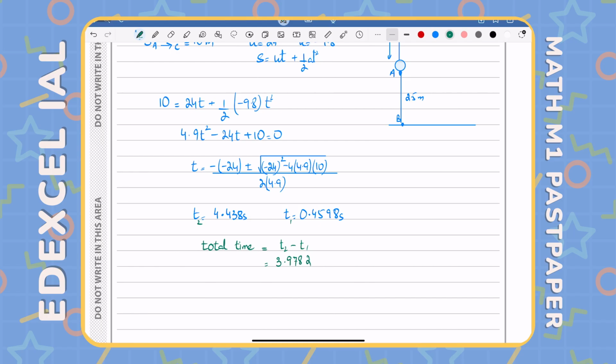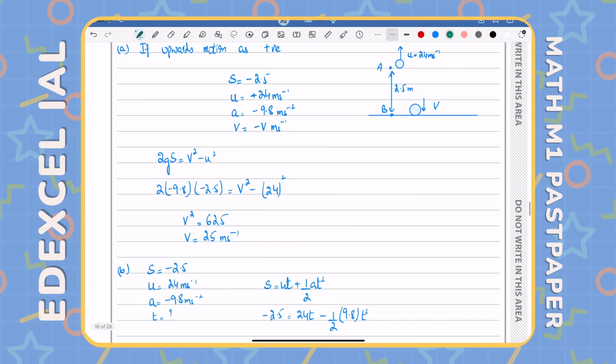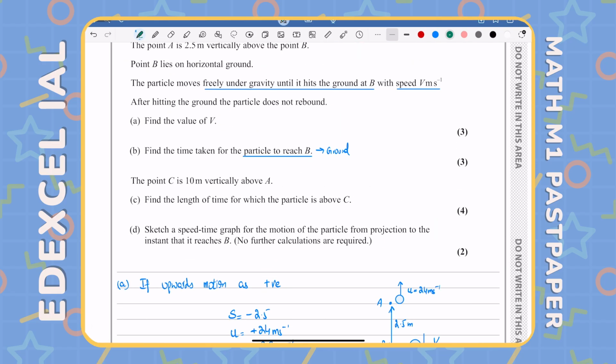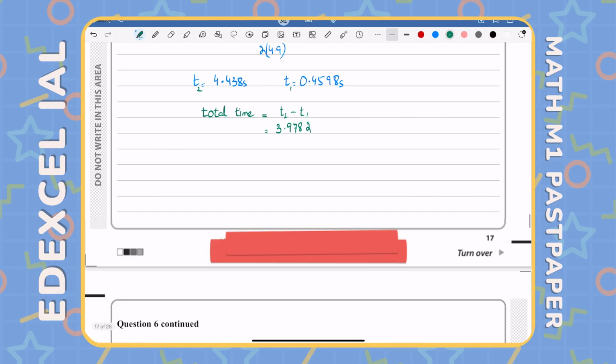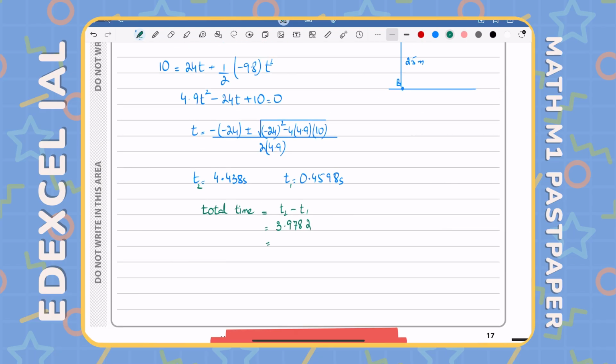Let's see if the question has a specific requirement as to correct to the nearest something. No, it doesn't. So let's round it off correct to 3 significant figures: the ball was a total of 3.98 seconds above the point C.